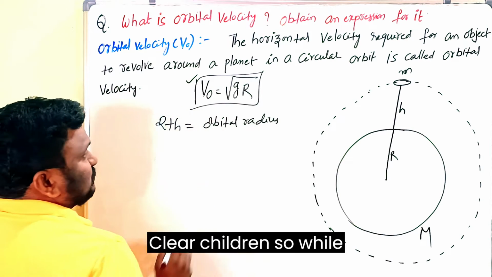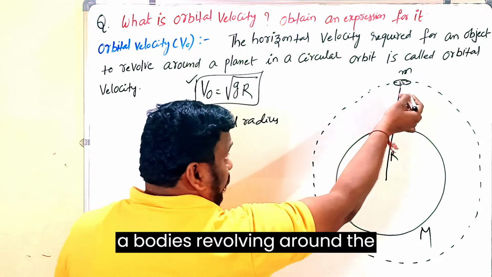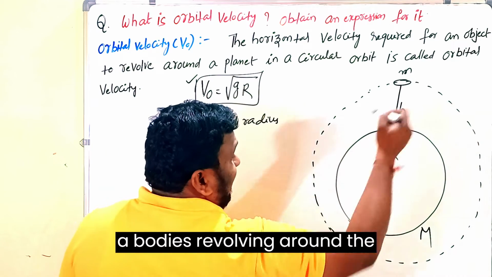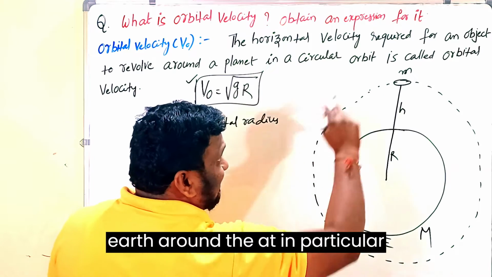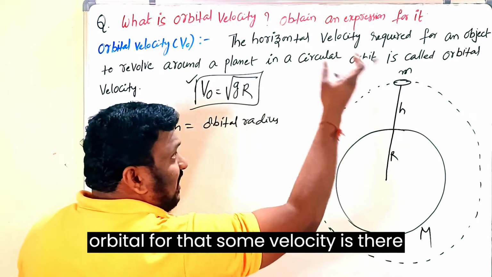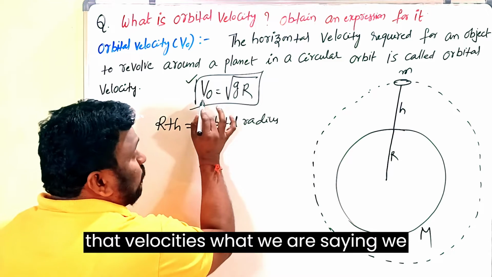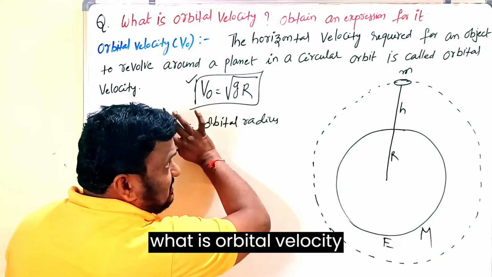Clear, children? While a body is revolving around the earth in a particular orbit, it has some velocity. That velocity is what we call Vo, the orbital velocity.